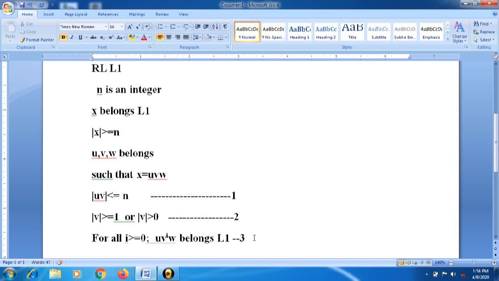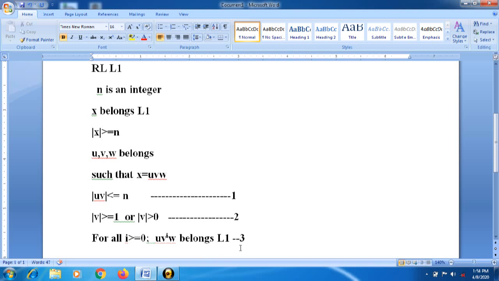So, in simple terms, this means that if a string V is pumped, that is, V is inserted any number of times, the resultant string still remains in L. The pumping lemma is used as proof of irregularity of a language.